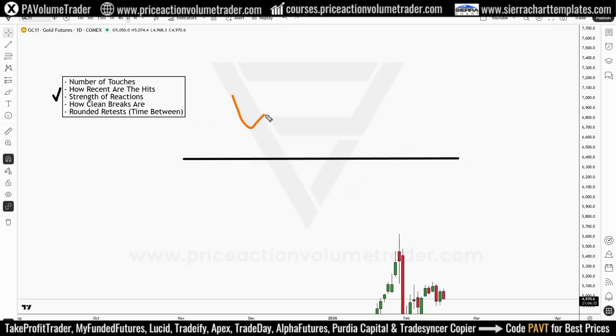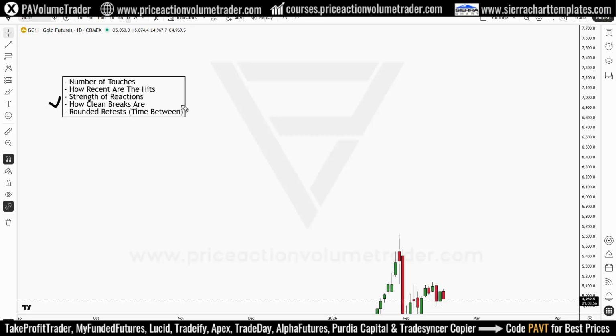I want to see price come to the level and have a strong break away, come back, and we can break through the level, but as long as I see we get nice clean breaks and then we come back and again have a nice rejection, the magnitude of the reactions is going to be another element that I'm going to be looking into. I don't want levels where price is just chopping and trading through it a lot.